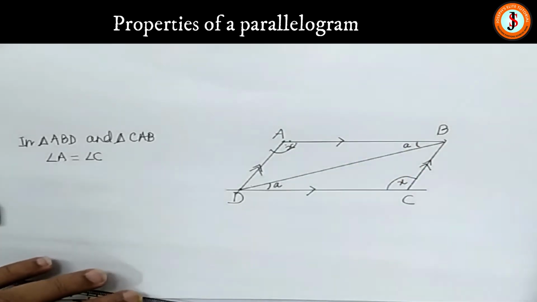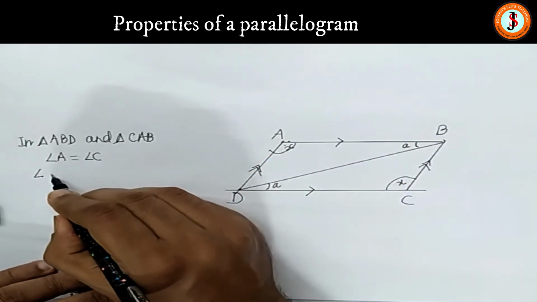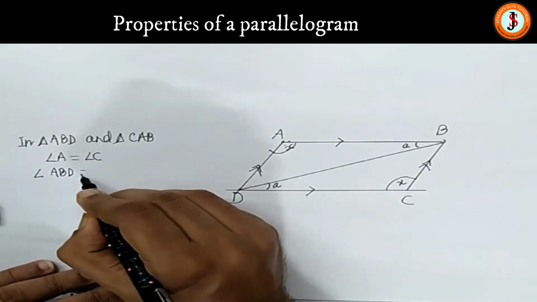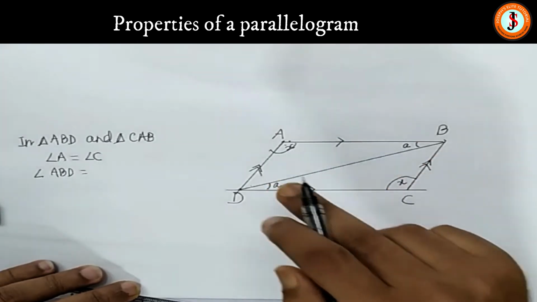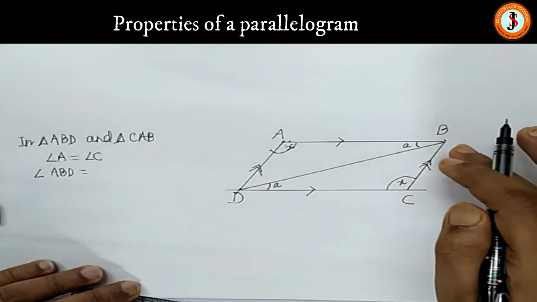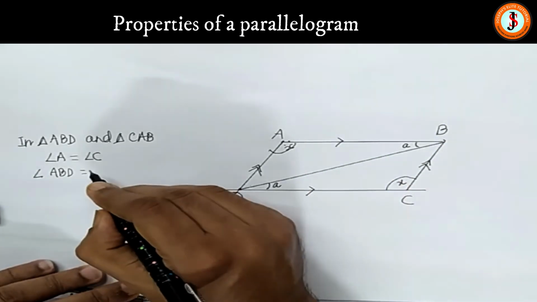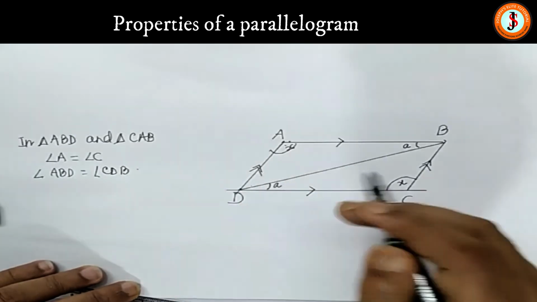Because diagonally opposite angles are equal. Second, angle ABD is equal to A, and angle CDB is equal to the alternate angle.